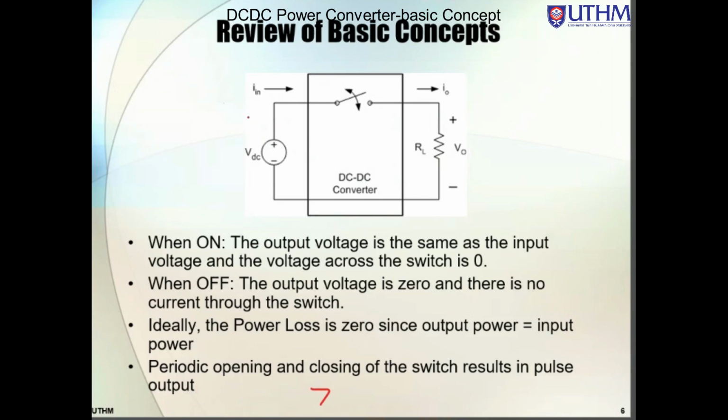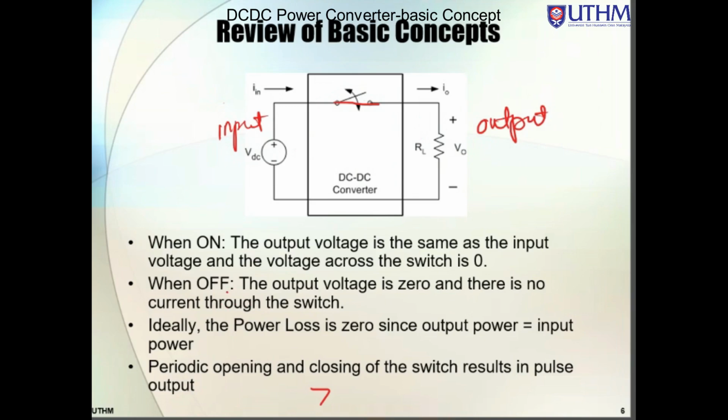Here, this is the input side, and this one is the output side. Whenever we close this circuit, that means the output will follow the input. That's the basic concept of the DC to DC.